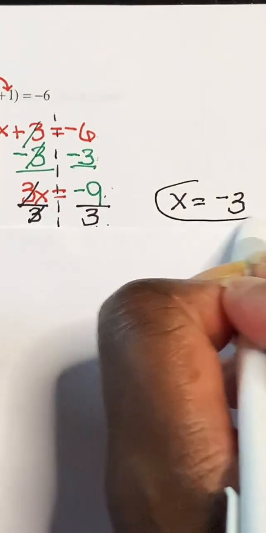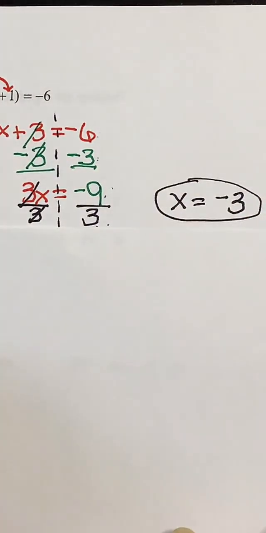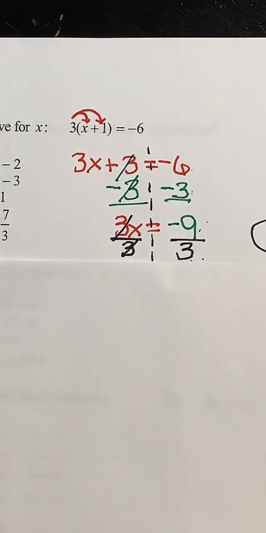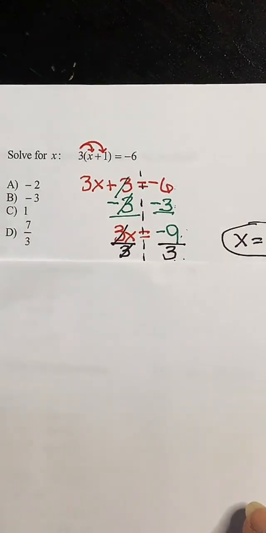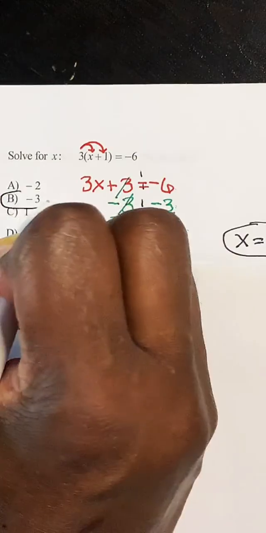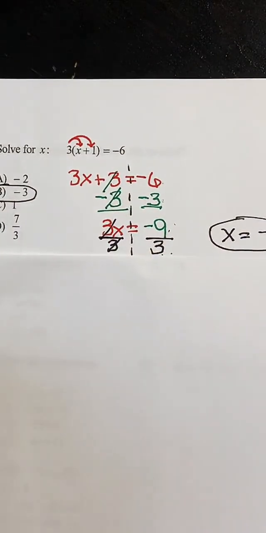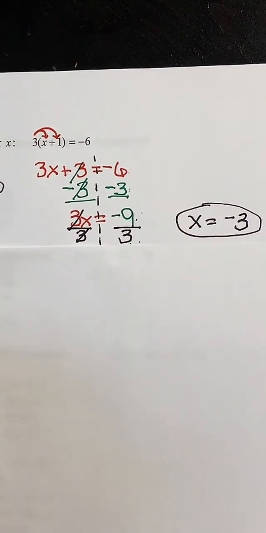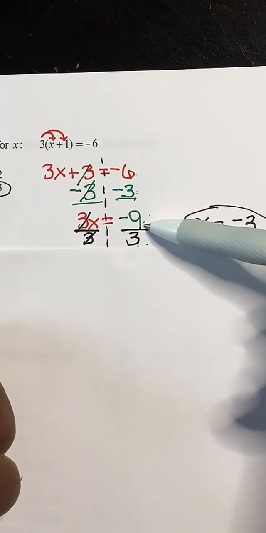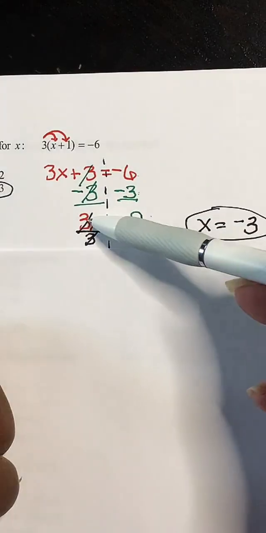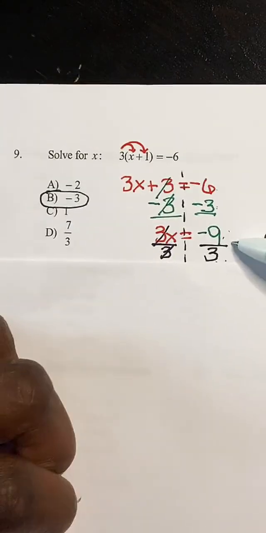But over here, we got -9 divided by 3. The signs are opposite, so my answer is going to be negative. And 9 divided by 3 gives me 3. So my answer is going to be B for -3.